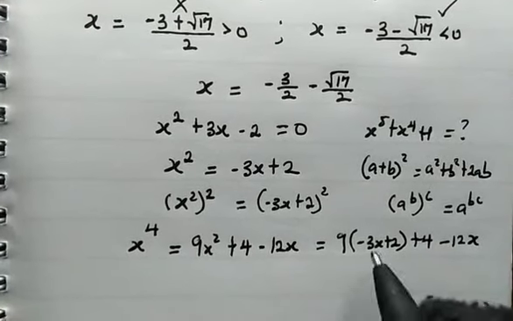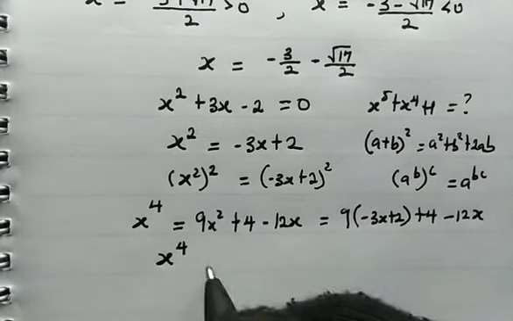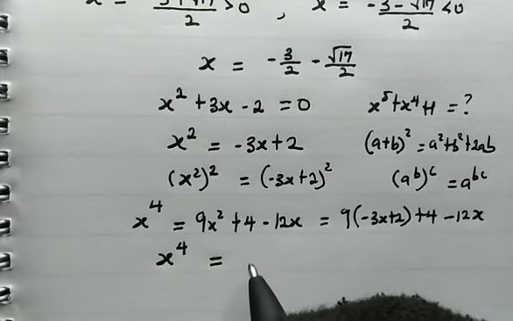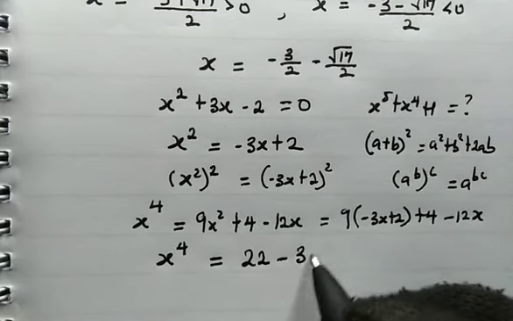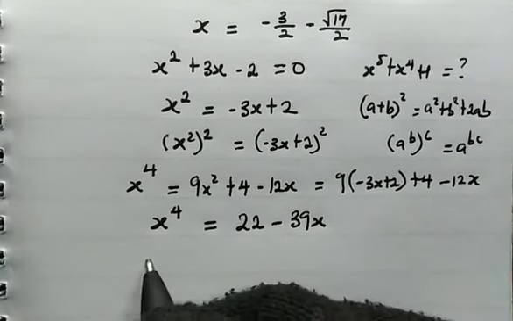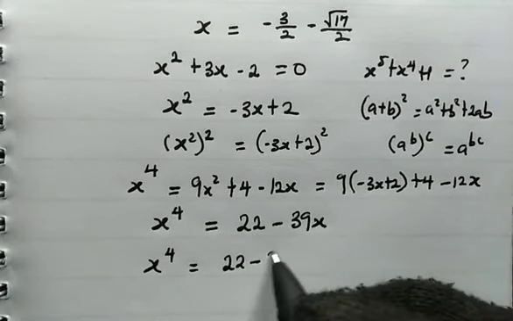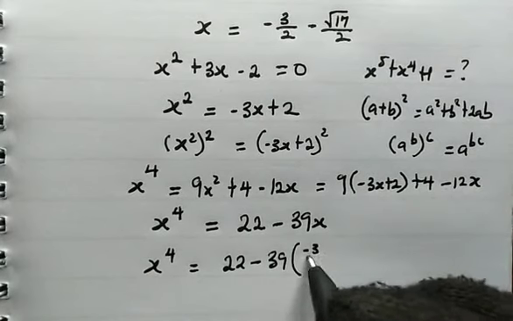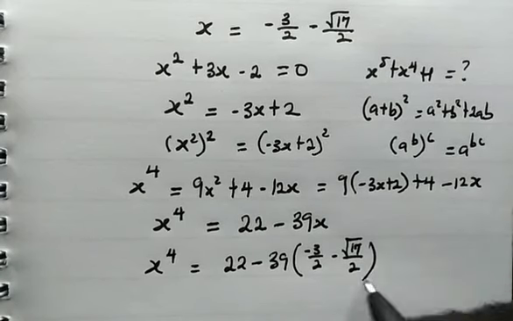Now opening this bracket and simplifying, we get x to the power of 4 equals 22 minus 39x. So from here let's solve for the value of x to the power of 4. We have 22 minus 39 into bracket. Remember, x is equal to negative 3 over 2 minus root of 17 over 2.